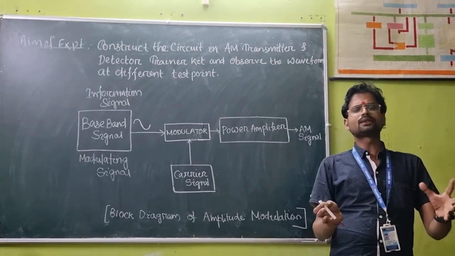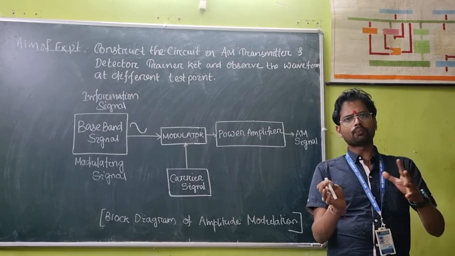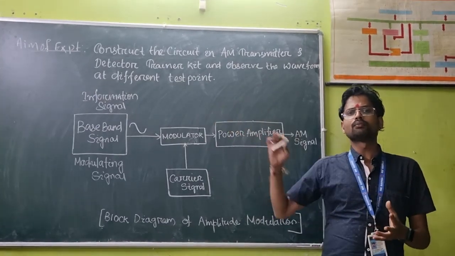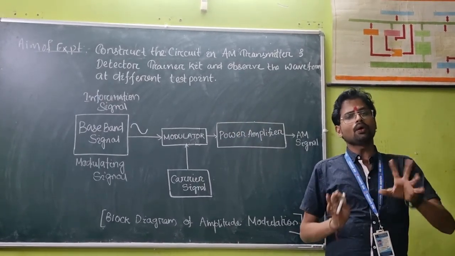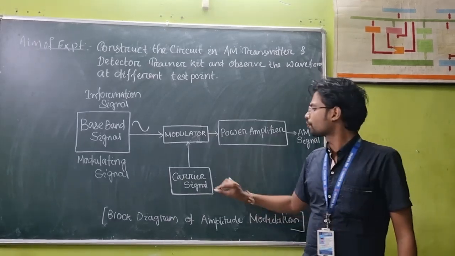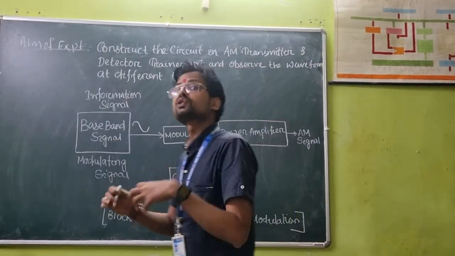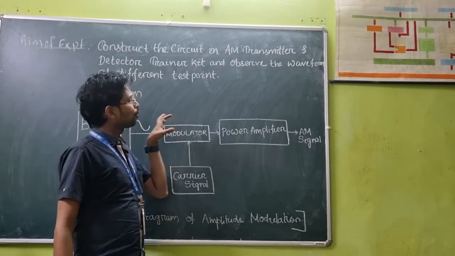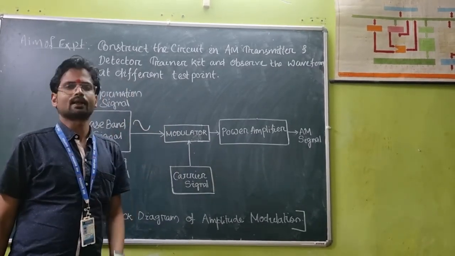That means it will change some parameters of the carrier according to the modulating signal. Another input is the carrier signal. It is a strong signal, because the modulating signal is a weak signal.